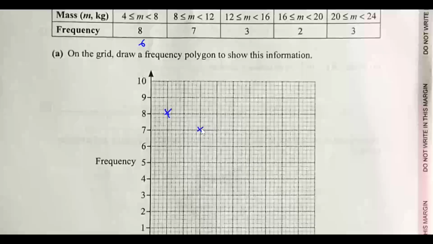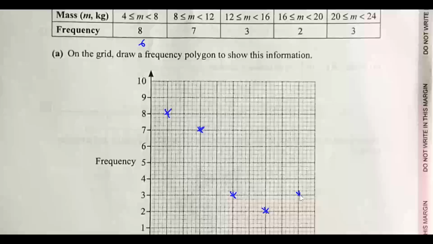It will be this spot. Between 12 and 16, the frequency is 3, so it will be this spot here. Between 16 and 20, the frequency is 2, so it will be here. Then between 20 and 24, the frequency is 3 as well, so it comes to this spot.